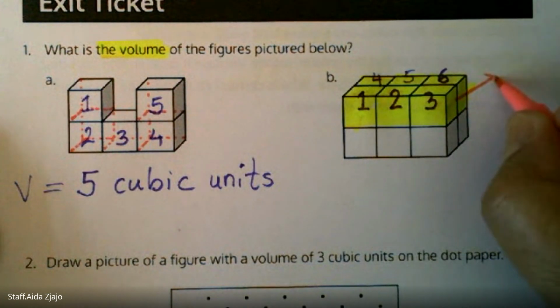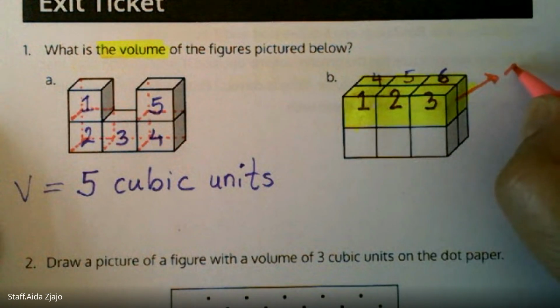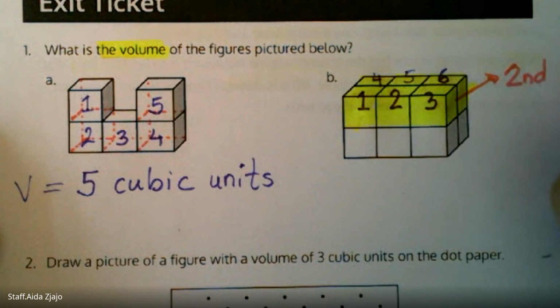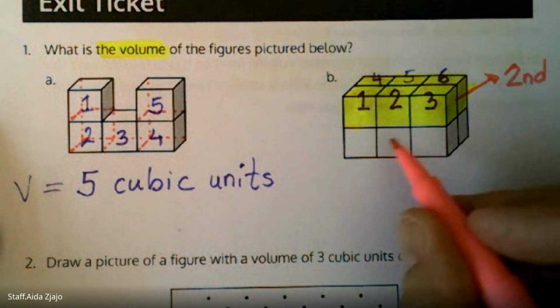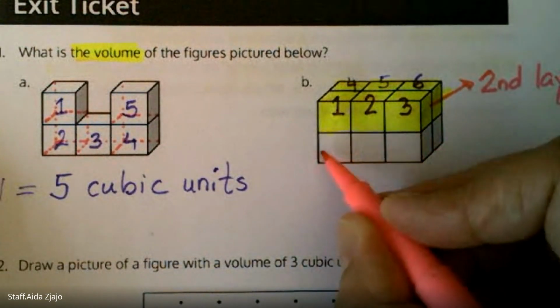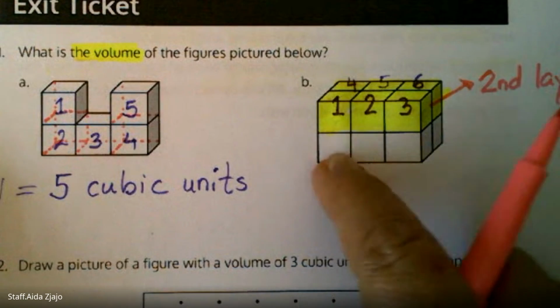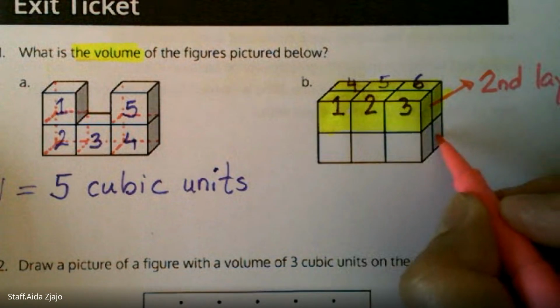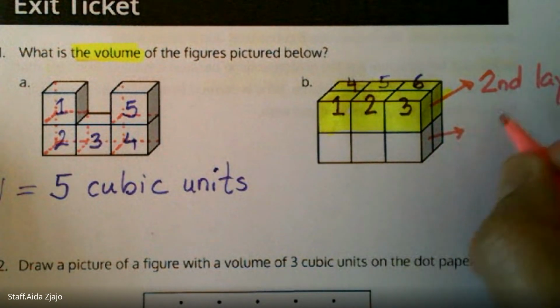I can see this is the second layer, actually the back second layer. It's 6 cubes. And then the bottom one would be also a layer. So this here is 3 cubes, and then I have 3 behind it.